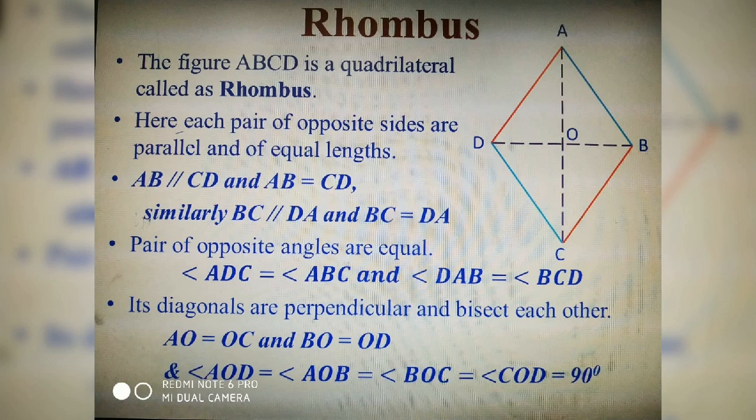Then BC is parallel to DA and BC is also equal to DA. And the pairs of opposite angles are also equal here. And like a parallelogram, here the diagonals bisect each other. But there is one extra property in a rhombus: the diagonals perpendicularly bisect each other.